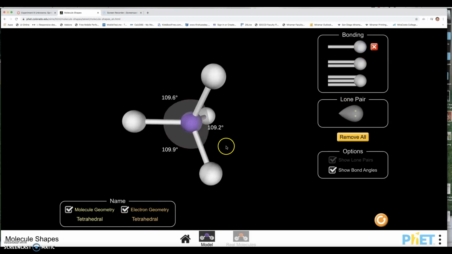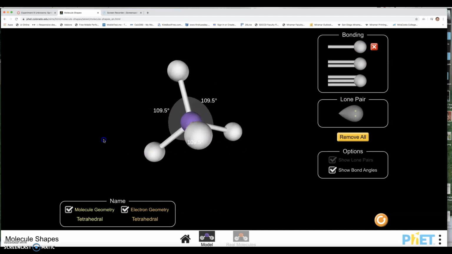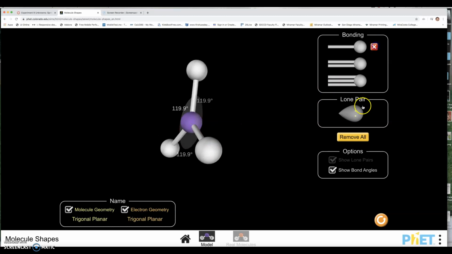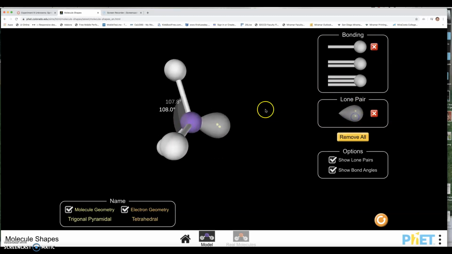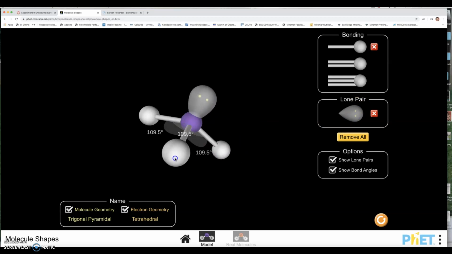Now if I have 4 electron groups, again, it's tetrahedral. In this case, it's tetrahedral for both electron geometry and molecular geometry. But if I remove one of the atoms and I make one of the groups a lone pair, as in this case, I see that the electron geometry is still tetrahedral because I have 4 electron groups, 3 atoms, and 1 lone pair, but my molecular geometry is different.